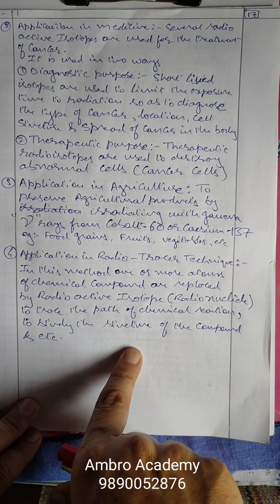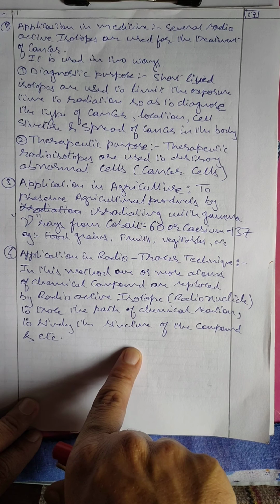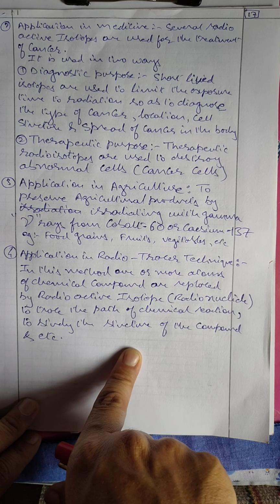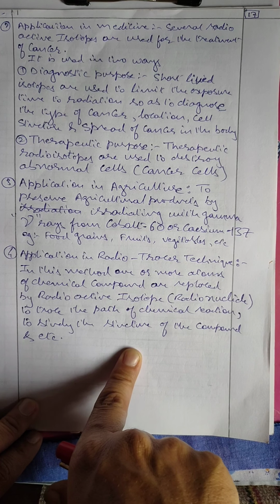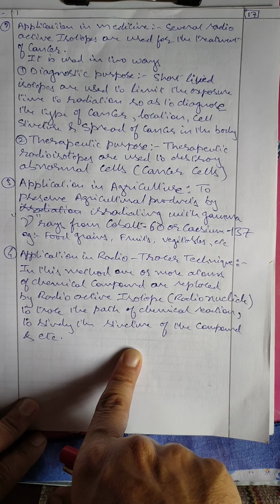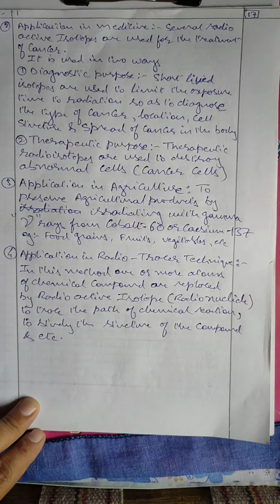We use these radioactive tracers even in photosynthesis, to check from where we are getting the carbon in the glucose form. So these are the different techniques to trace the elements.